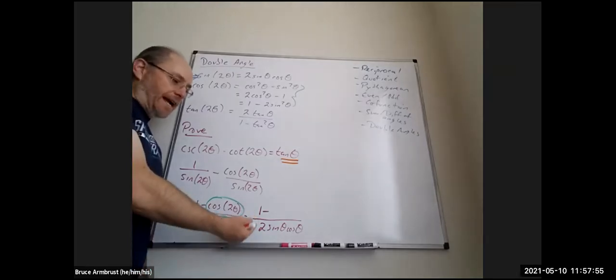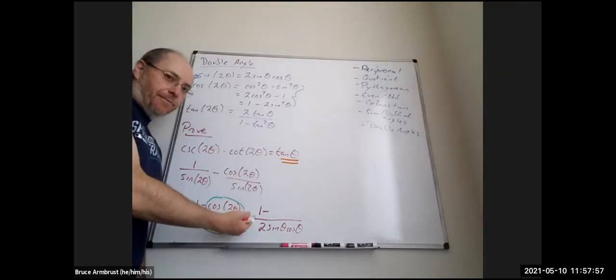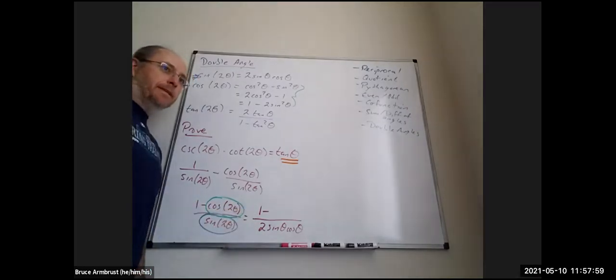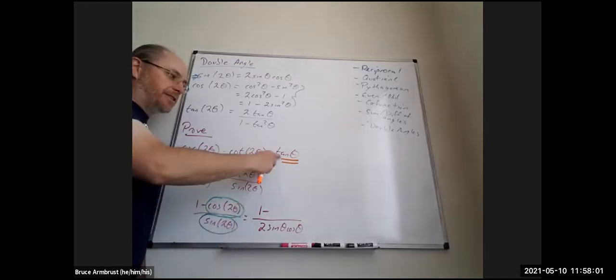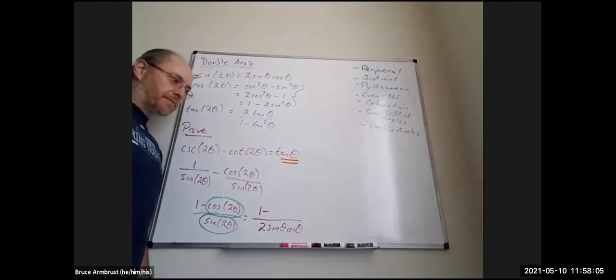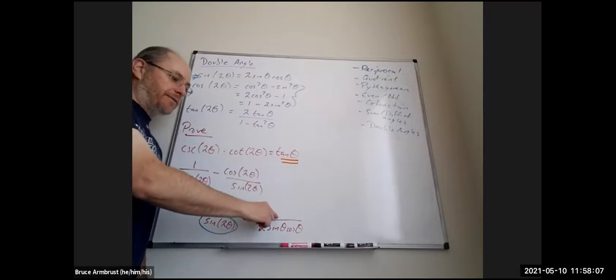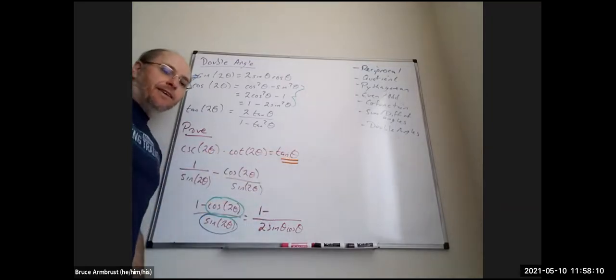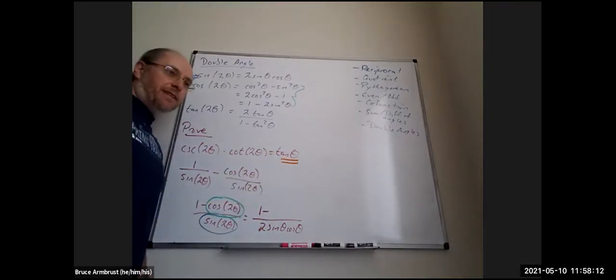Now, I have a fraction, right? Clearly, I'm playing with a fraction. And I eventually want this fraction to turn into tangent. So think about the top of this fraction. What's the most beneficial thing for the top to be if I want to turn it into tangent?